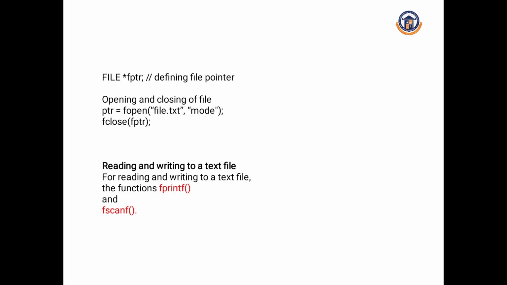Like assigning x is equal to 5, here also ptr is equal to fopen, f denotes file open. Then the name of the file, dot txt, since it is a text file, and the mode of the file, whether you want to read, write, append or update. The mode will be specified here. After opening the file, we have to close it with fclose and the file pointer fptr.